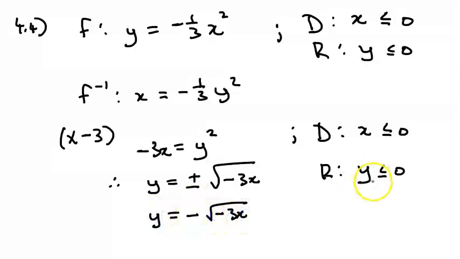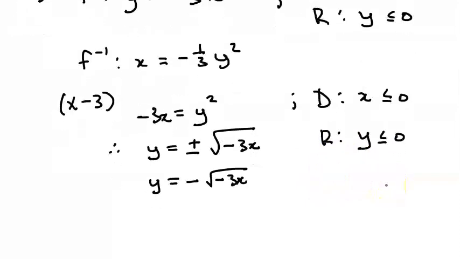Now that's very important because we have to make sure that we adhere to the restrictions. The other thing you have to take note of is that x must be less than or equal to 0. Otherwise, remember that this function will be non-real.